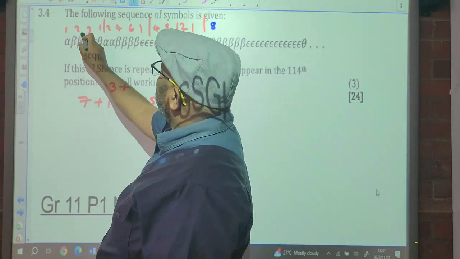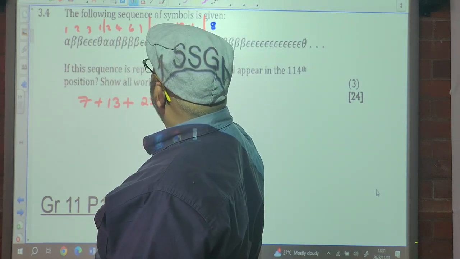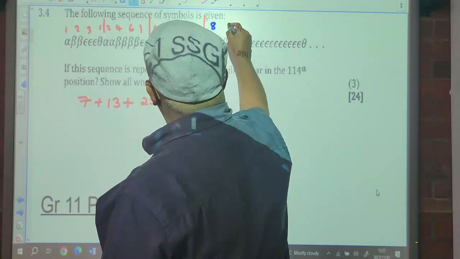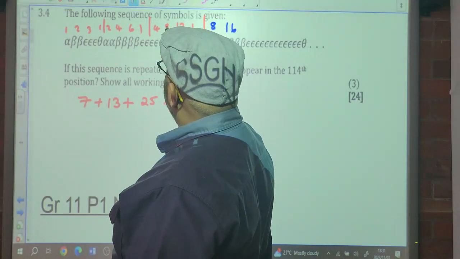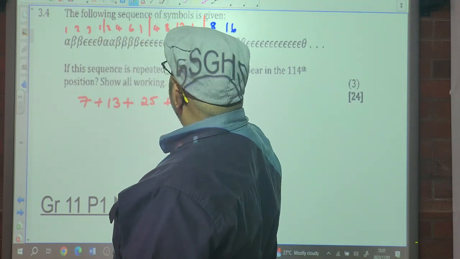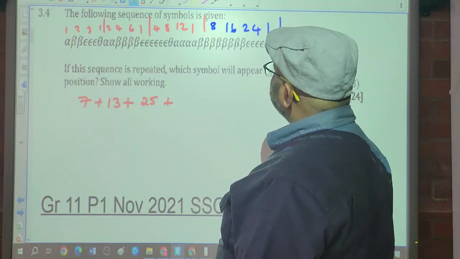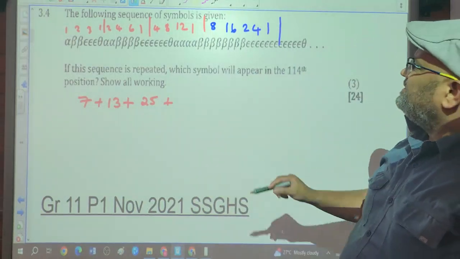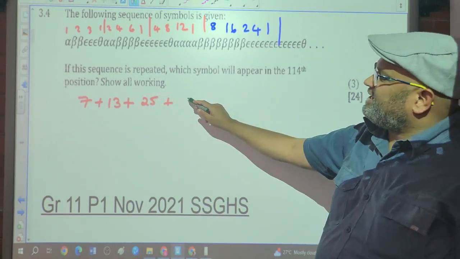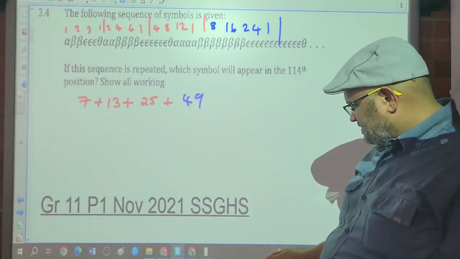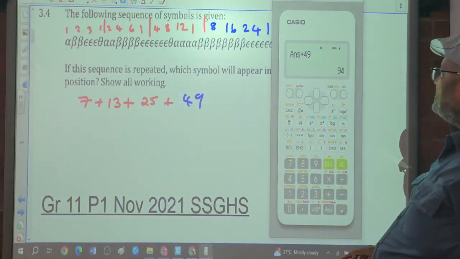Okay? Here we got 2, 4, 8. The next one will be 16. Here we got 3, 6, 12. So again I multiply by 2. So it's 24. The next one is going to be 1. You agree with that? So what is 45 plus 48? 93, 94. They say plus 49 gives us 94.